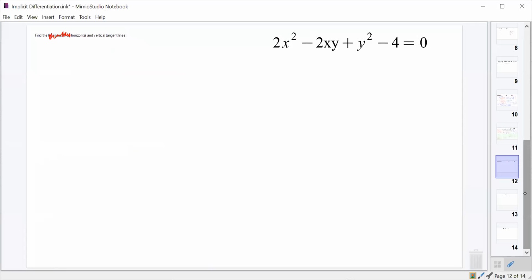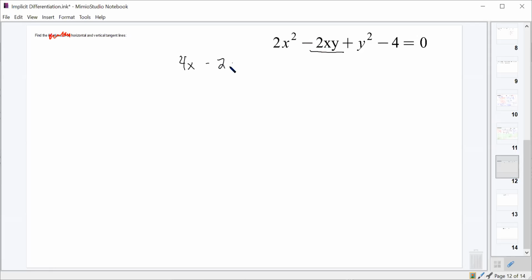First thing we need is a derivative. The derivative of 2x squared is 4x. And then minus 2xy we'll have to use the product rule for. So one function will be minus 2x and the other function will be y.